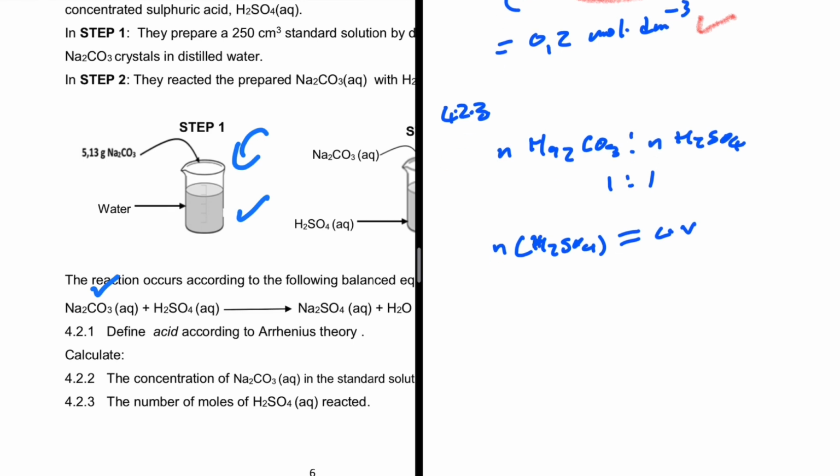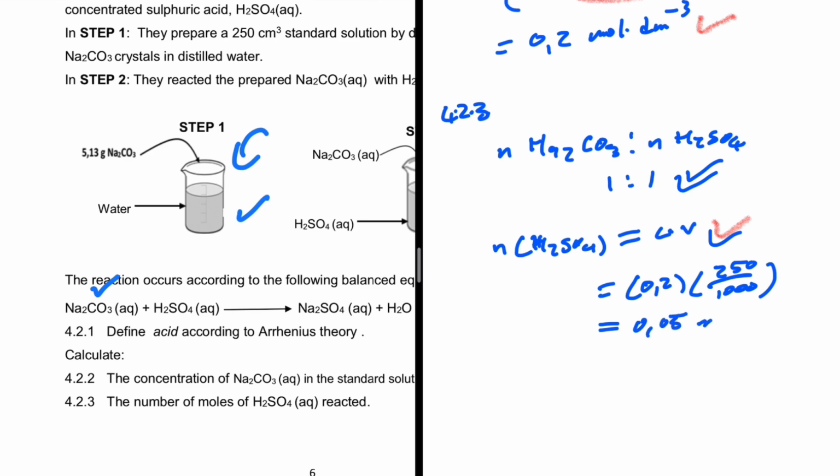Because we have established this relationship, we are then able to do this. Before you establish this relationship, you can't do this. So the concentration 0.2, the volume 250 divided by 1000. Let me just put that in my calculator and see what I get. I'm getting 0.05 moles.